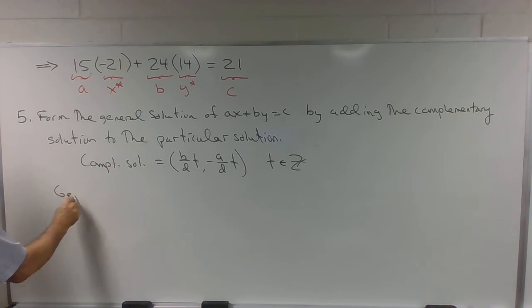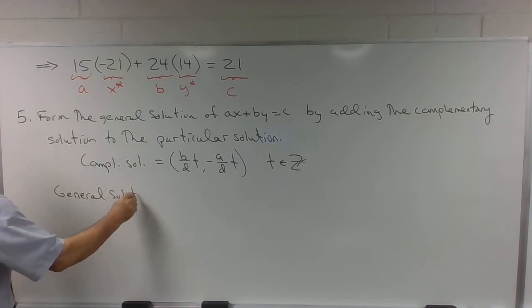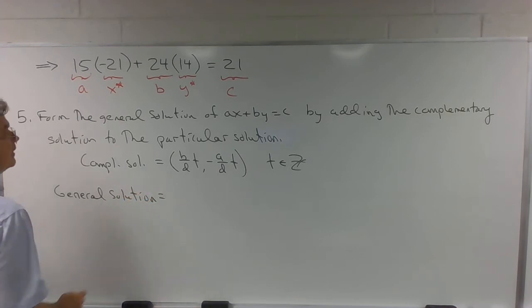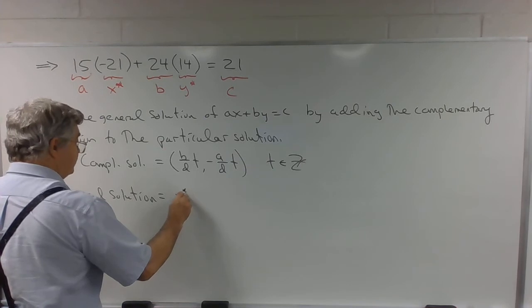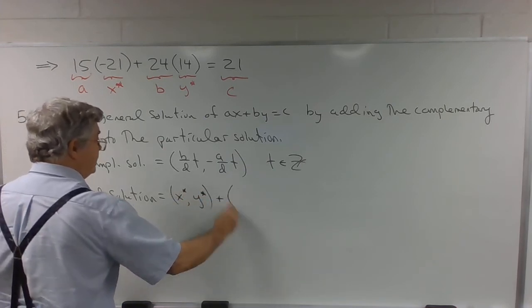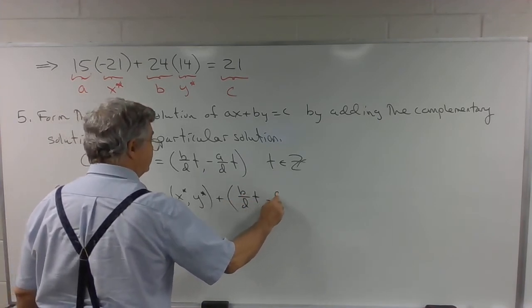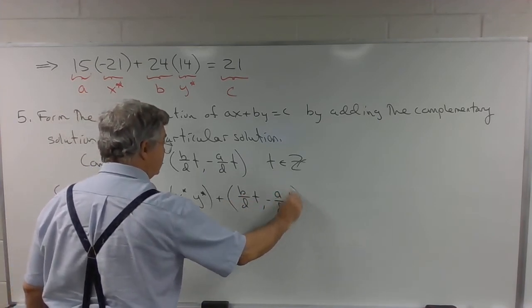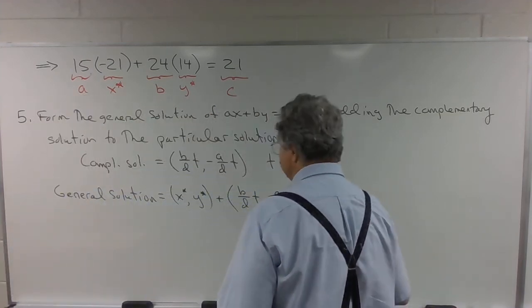So, general solution is going to be x star, y star plus b over d t, minus a over d t, for all integer values of t.